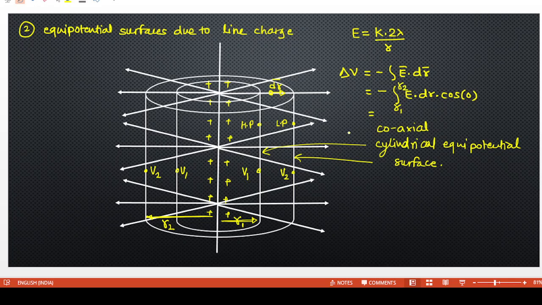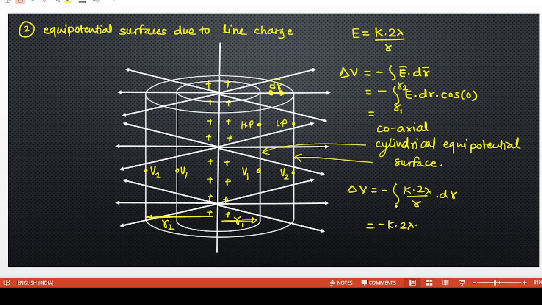Now if I solve this, this E bar is to be replaced as K 2 lambda upon r, dr as it is, cos 0 no need to write. So K into 2 lambda outside integration.